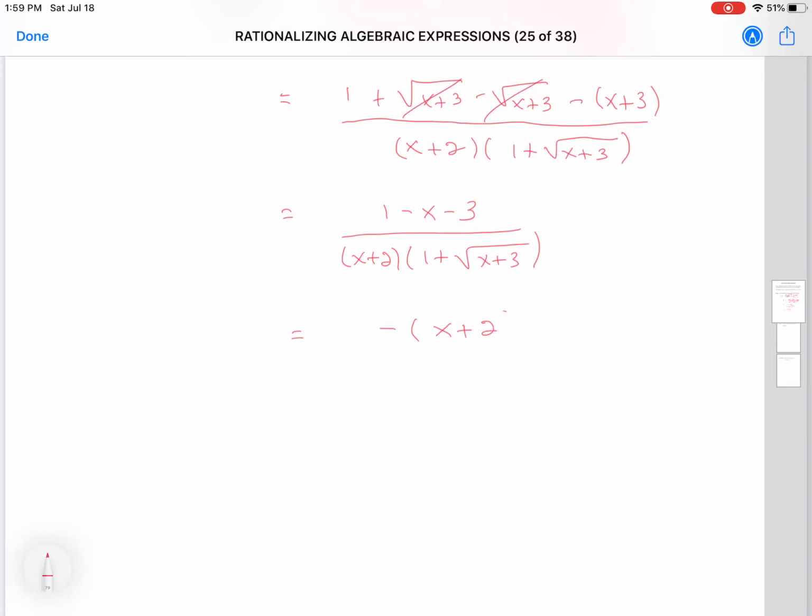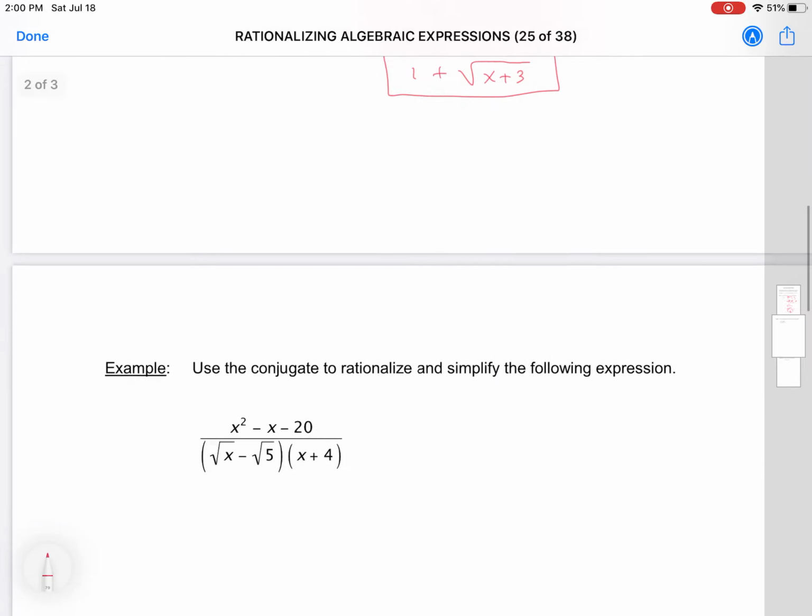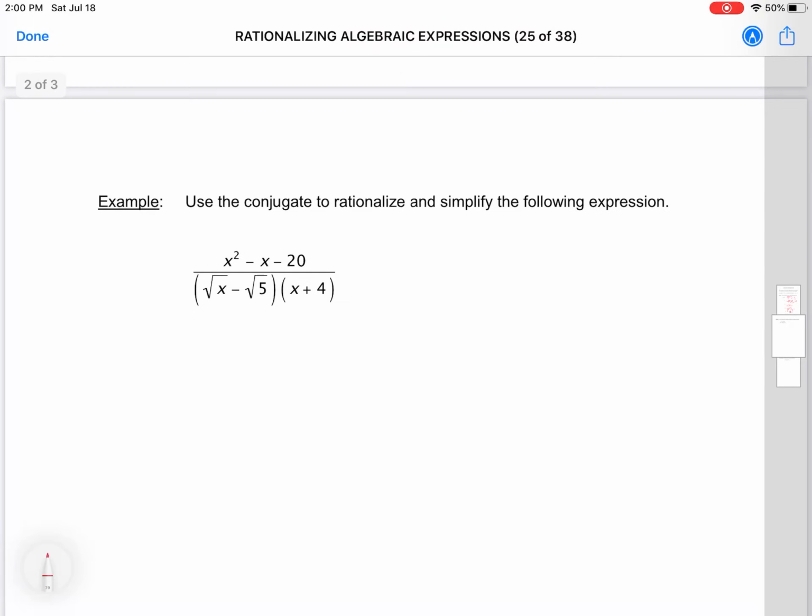Minus x minus 2, out of which I can factor out a negative to simply get x plus 2 in a bracket. And there you see it, the simplification we were seeking is really just about to happen. Gone. Gone. Final answer, minus 1 over 1 plus the root of x plus 3. And that's how you rationalize an algebraic expression.